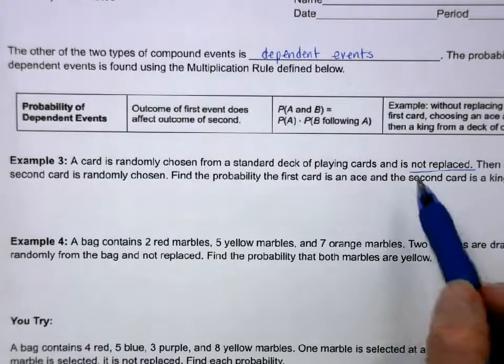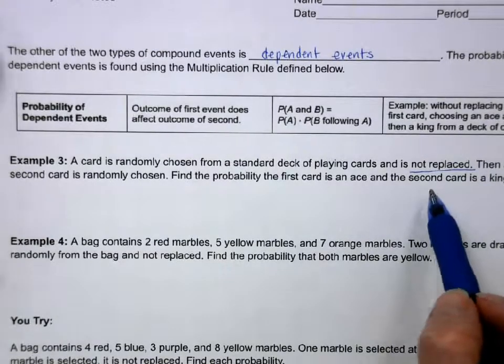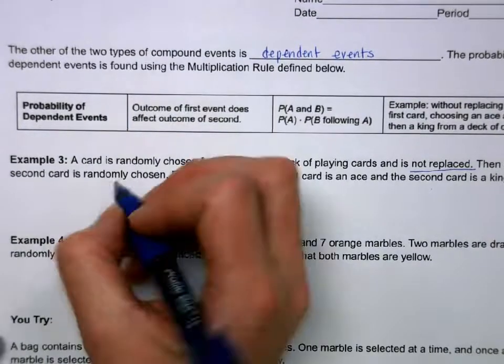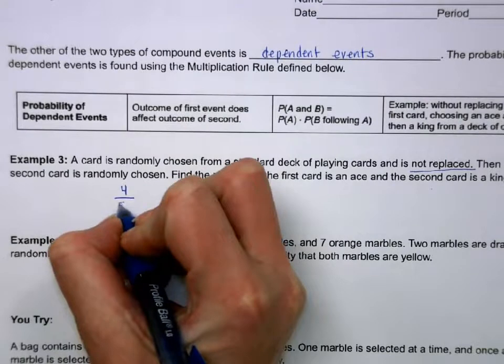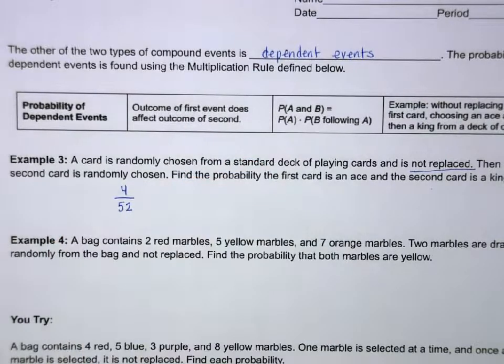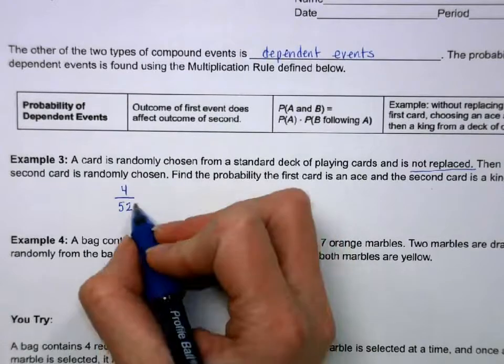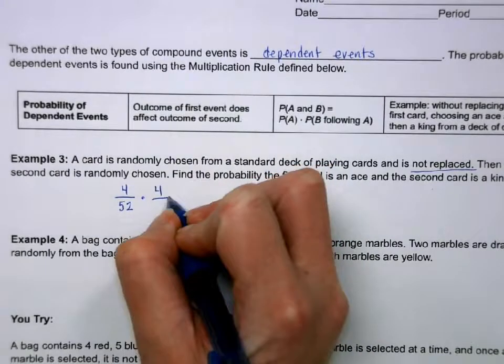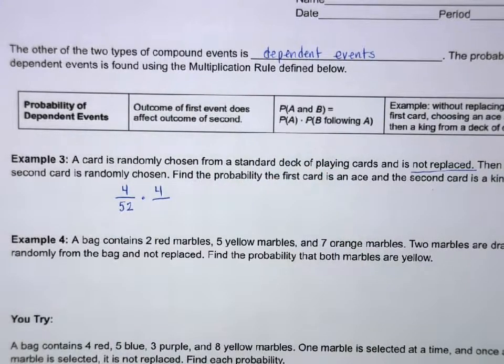All right, so the probability that you have an ace. There are 4 cards that are aces out of the 52. And you could reduce this to 1/13 if you want, but I'm going to multiply that. We get an ace. That's 4 out of 52. The second event, there are 4 kings. However, there is no longer 52 cards in the deck.